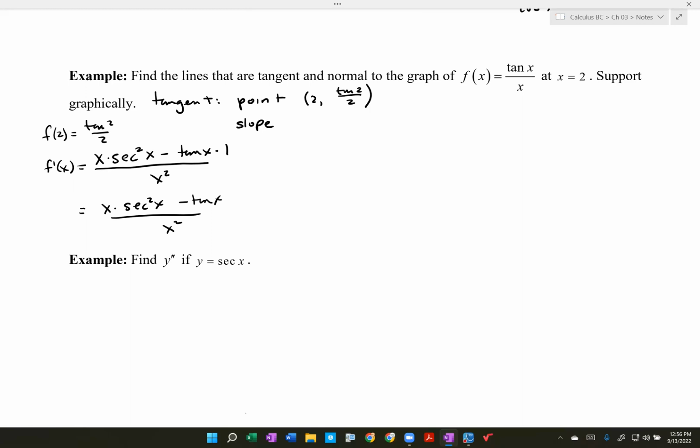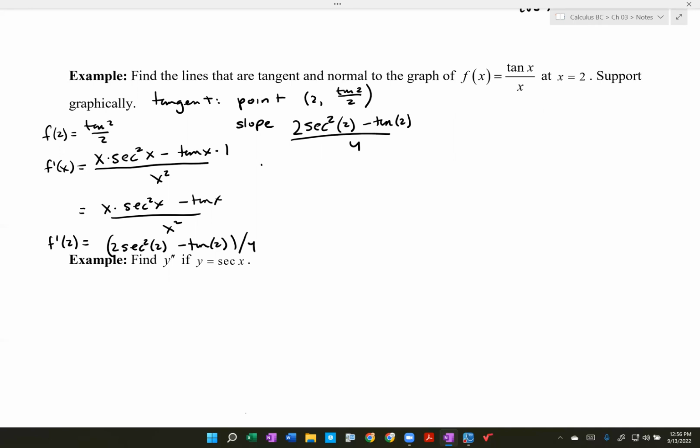And of course, for my slope, I'm going to need to know what is that derivative at 2. So it looks like I've got 2 secant squared of 2 minus tan of 2, and this is all divided by 4. Okay, big long mess: 2 secant squared of 2 minus tan of 2 all over 4.